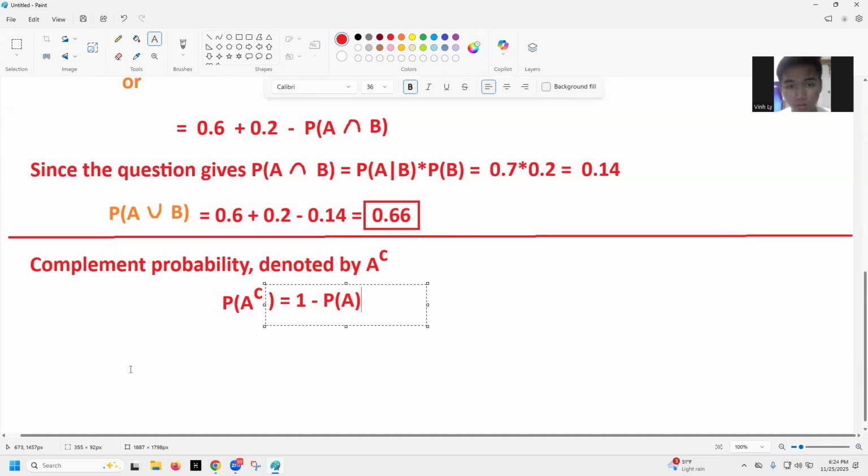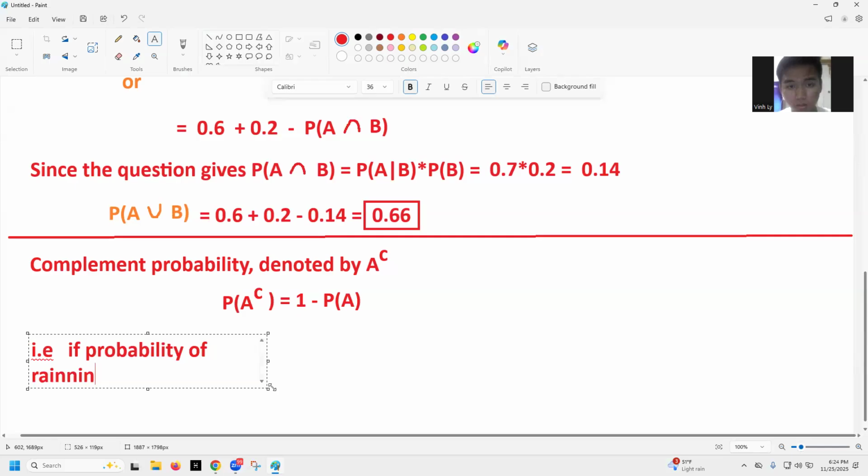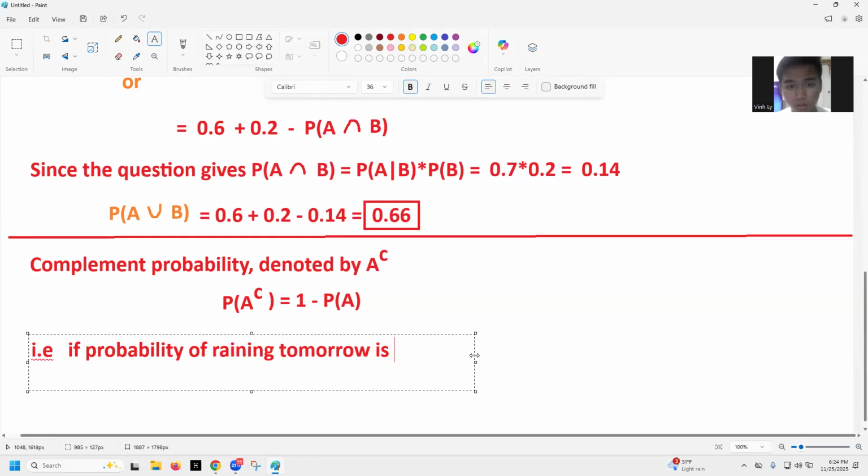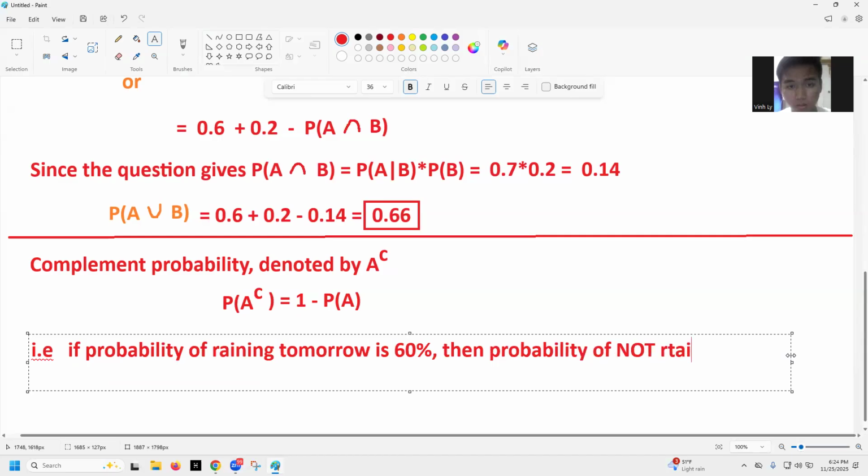So this can be interpreted like this: let's say the probability of raining tomorrow is 60%, then the probability of not raining tomorrow is 40%.